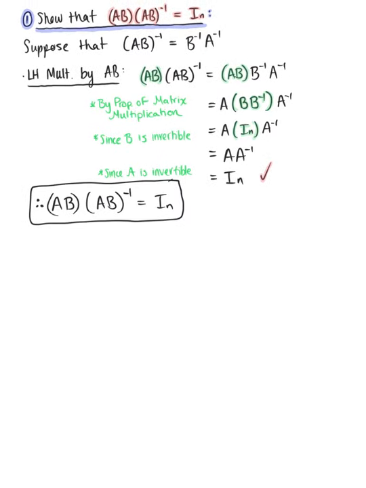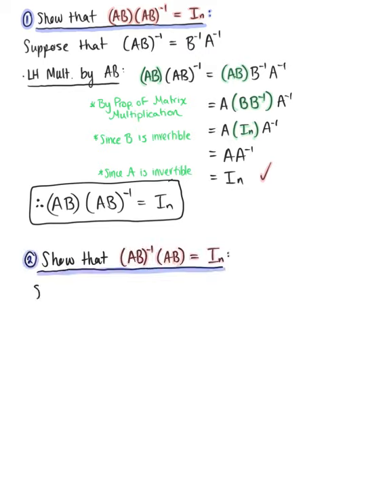So here we go. Case 2, this time we want to show that the inverse of the product matrix A times matrix B multiplied by the product AB is also equal to the n by n identity matrix.